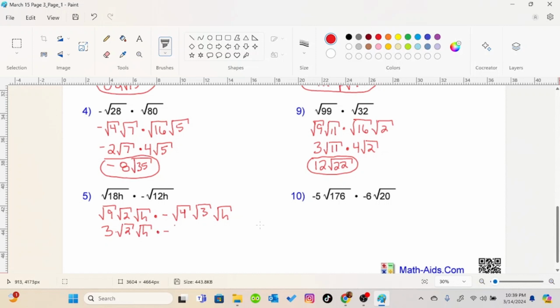The square root of 4 is 2. 3 times negative 2 is negative 6. The square root of h times the square root of h is h. And the square root of 2 times the square root of 3 is the square root of 6. So our final answer is negative 6h times the square root of 6.